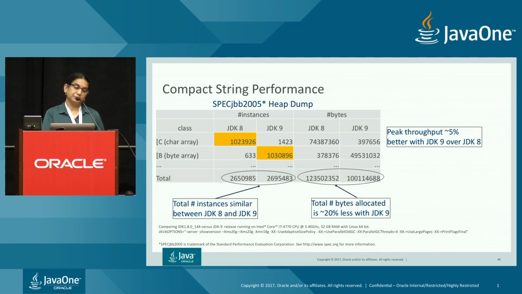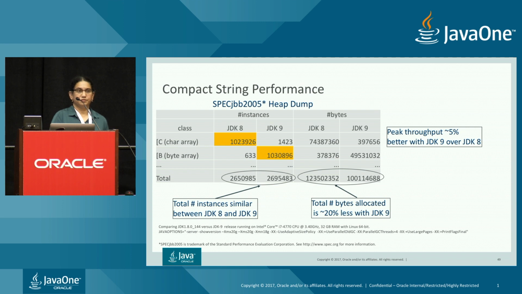Here is an example. We ran SpecJBB 2005. This run was done on a Haswell desktop, and this is a peak run. We saw about 5% performance improvement in the peak throughput for SpecJBB 2005. And this is a heap dump. You can see that the total number of object instances is about similar between JDK 8 and JDK 9.